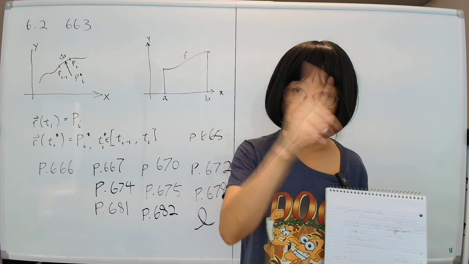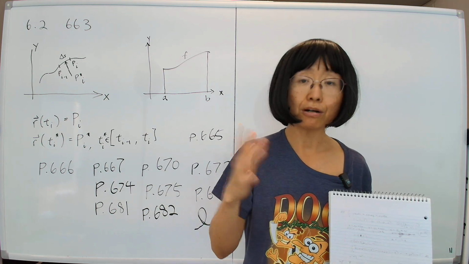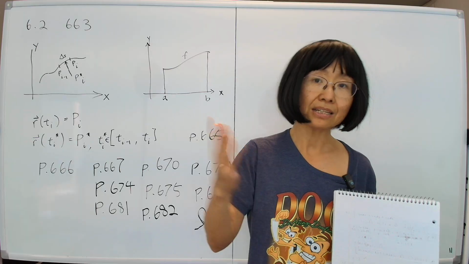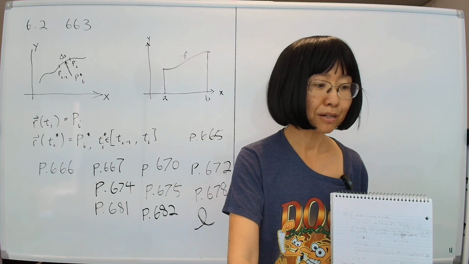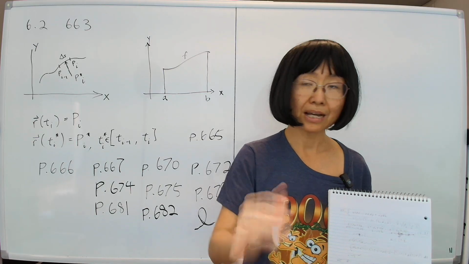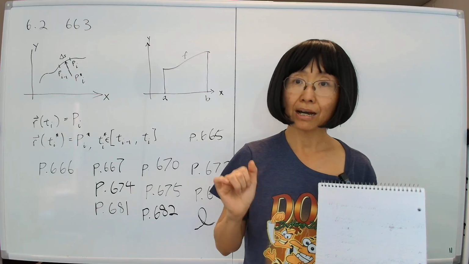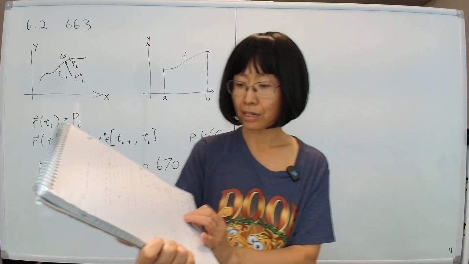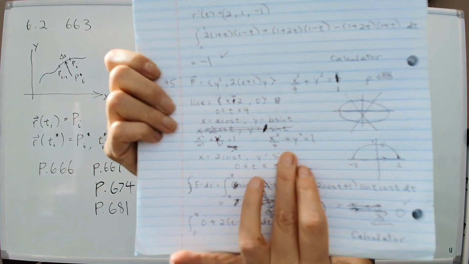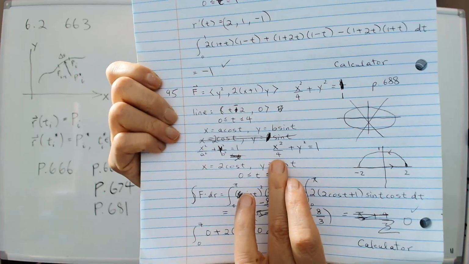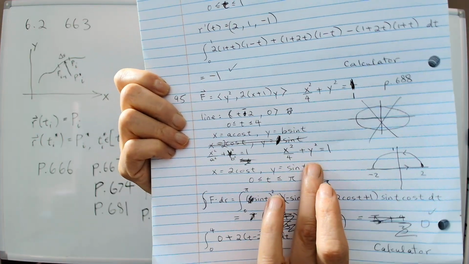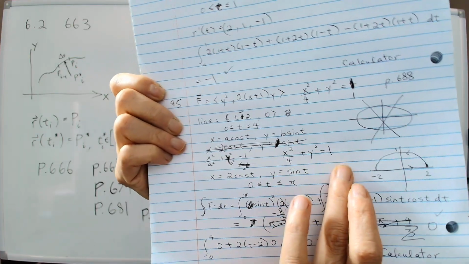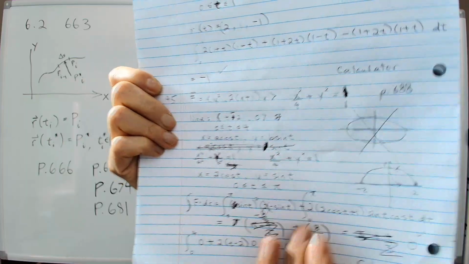To parameterize a circle, we always, or almost always, do x equal to cosine t, y equal to sine t. And to parameterize an ellipse, we do x equal to a cosine t, y equal to b sine t, after you reduce the ellipse into this form, where the number under x is a squared, and the number under y is b squared, and that is equal to 1.